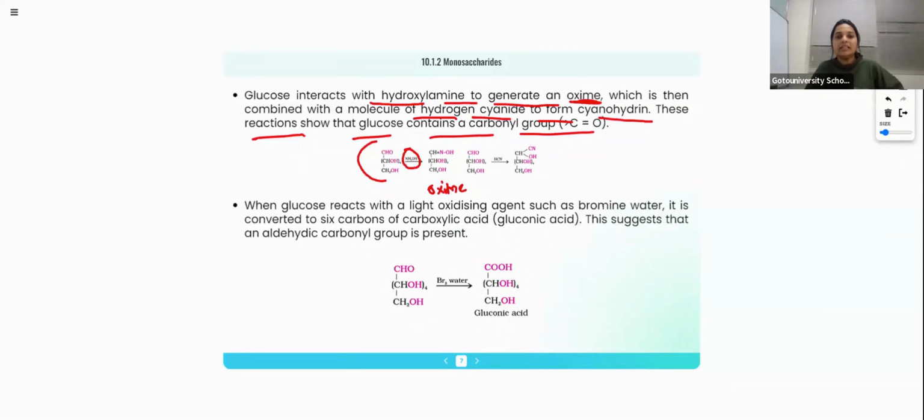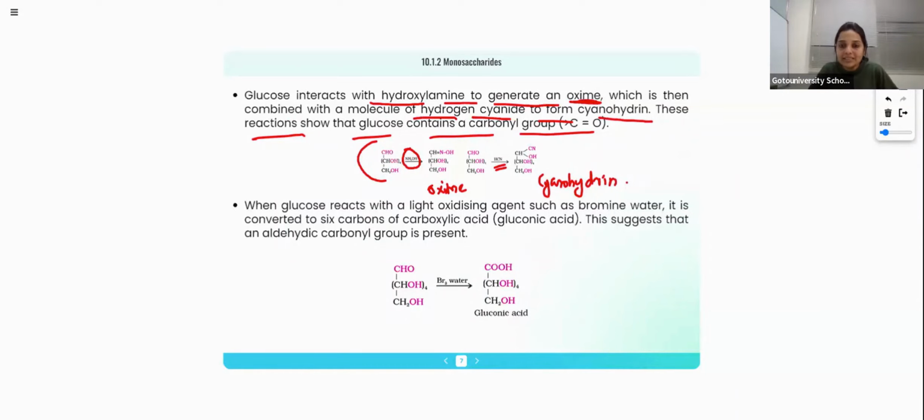This oxime, on reaction with hydrogen cyanide, will produce a cyanohydrin. This is cyanohydrin. Okay, this reaction shows that glucose contains a carbonyl group.